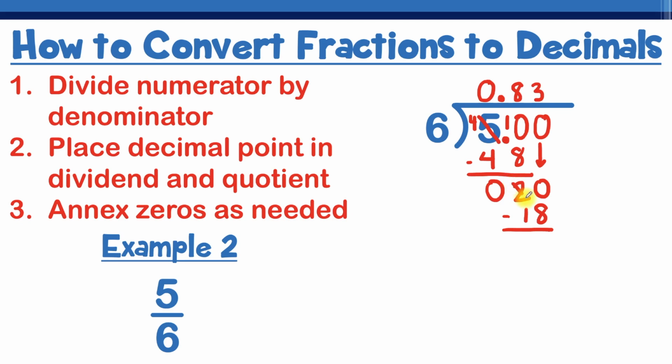So this 2 will become a 1, and this 0 will become a 10. 10 minus 8 is 2, and 1 minus 1 is 0. Since we have a remainder, we're gonna need to annex another 0. So we'll put a 0 here, and then repeat the process. So we'll bring that 0 down.